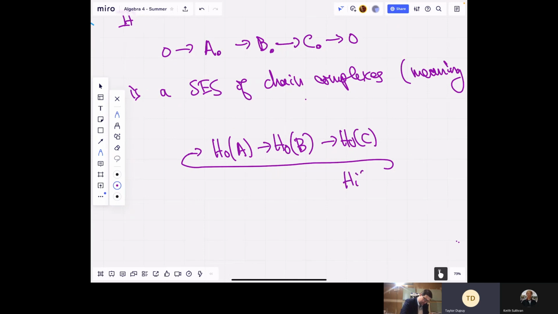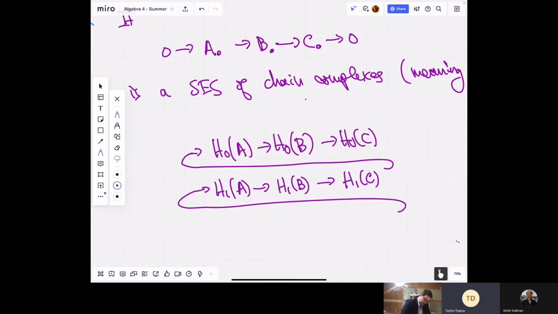So from H1 of C, H1 of B, H1 of A, and then it keeps going like this, H2 of C.